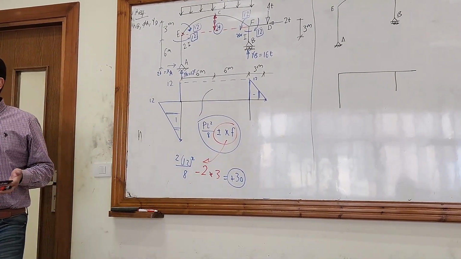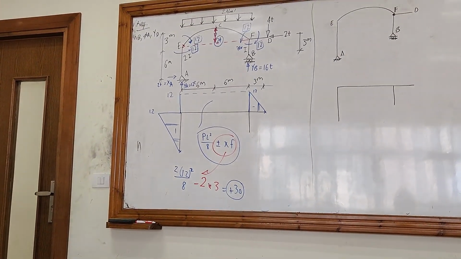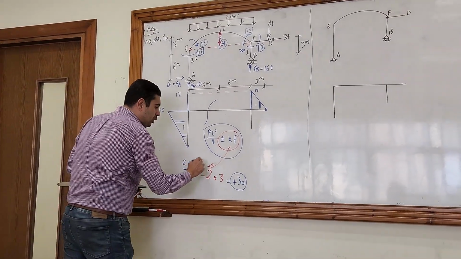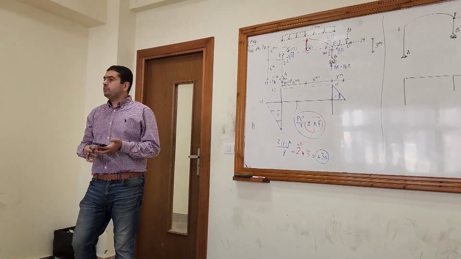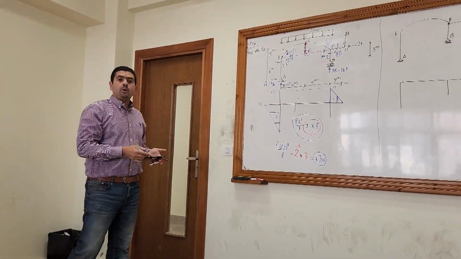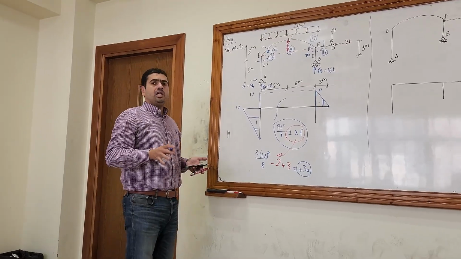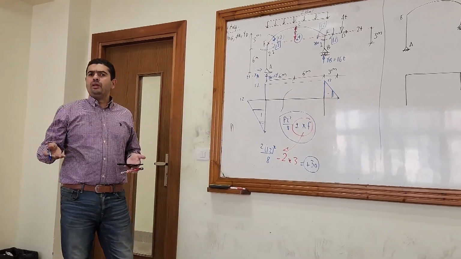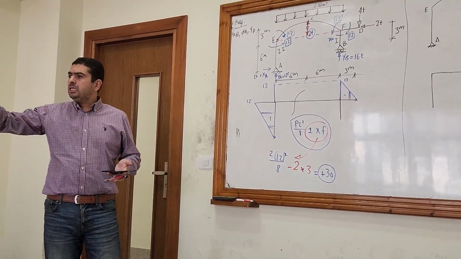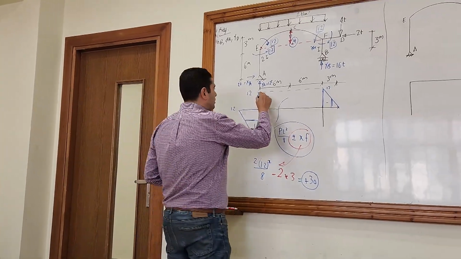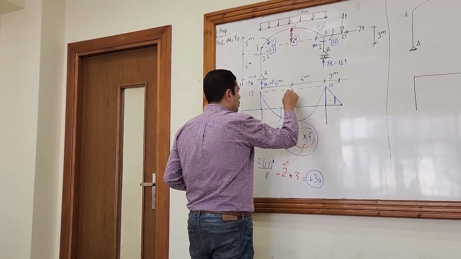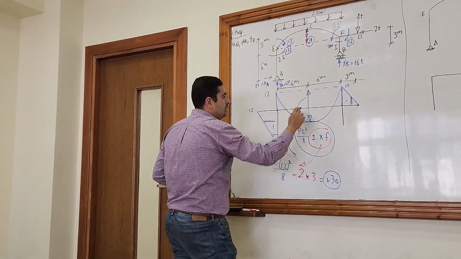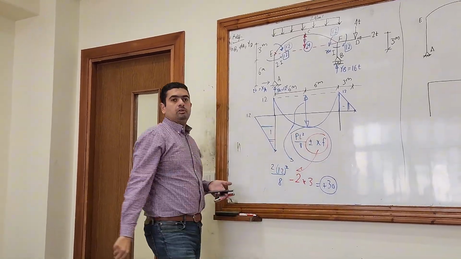What is the meaning of when this total value is positive and when this total value is negative? What's the difference? When it is positive, that means the regular shape for the parabola, which is downwards, right? So that means that this is a downward parabola and this is the high point.